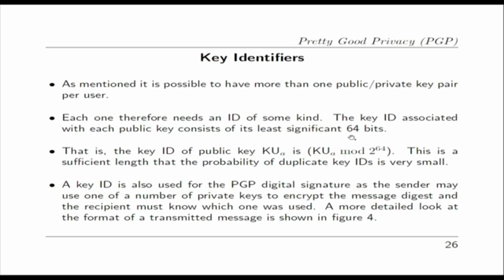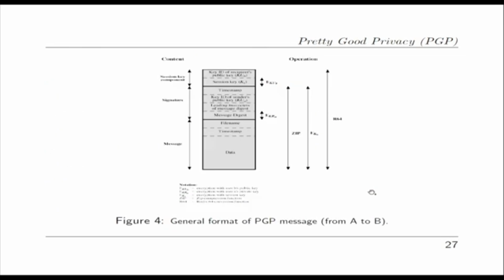So the ID of the public key KUA, KU being the public key of A, is KUA mod 2 to the power 64. So we want each of these keys to have 64 bits. This is a sufficient length for the public key encryption.